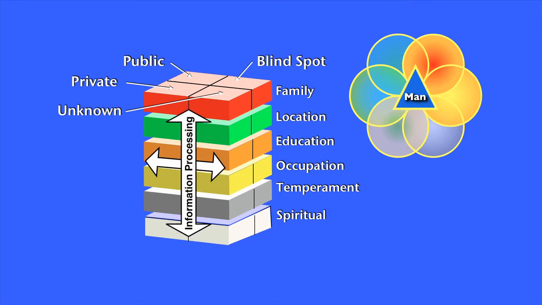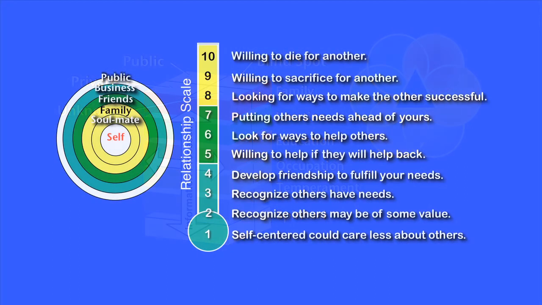We can now see how complex a relationship can be since each area expands and contracts independently as we interact with others. The attitude of our relationship levels can be identified. If you were asked what level are your relationships on, what would you say?